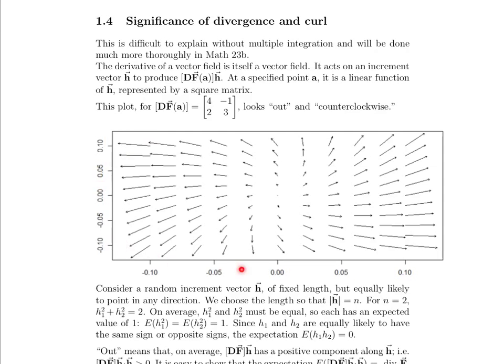I mean, these are pretty small increments that we're looking at, but this plot is the vector field of the derivative of f. It looks outward moving, as in it's moving away from the origin. That has something to do with the divergence. And in general, the arrows are moving in a counterclockwise direction. They seem to be going like this, which has to do with the curl.